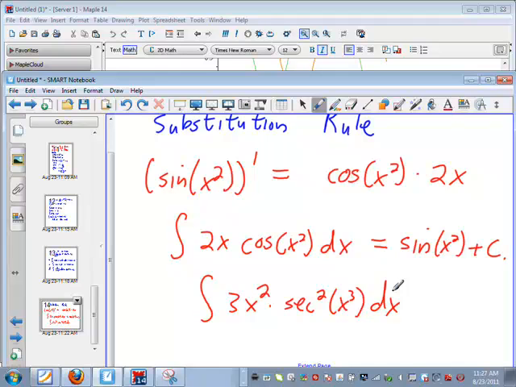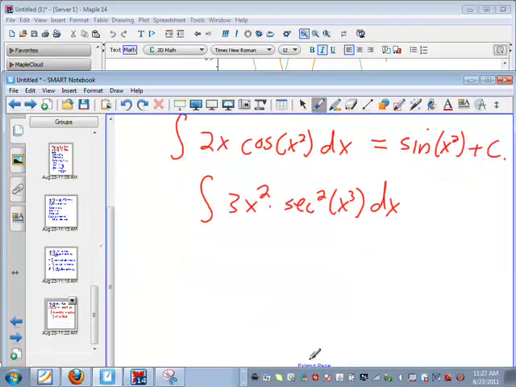The substitution rule, going backwards, says I need to get rid of that derivative to go back. What function has this as a derivative? Tangent of x to the third plus a constant. Of course, you can check that. The derivative of the tangent of x to the third is secant squared of x to the third times the derivative of x to the third, which is 3x squared.